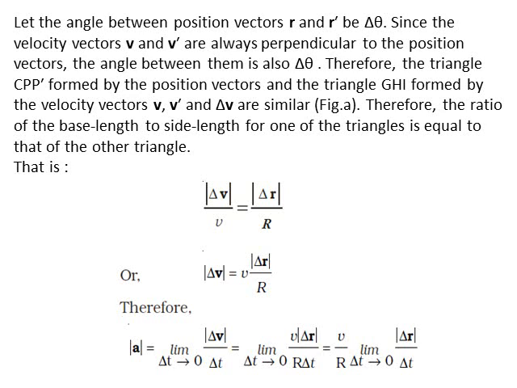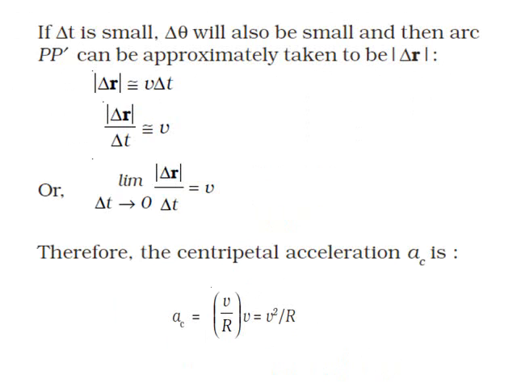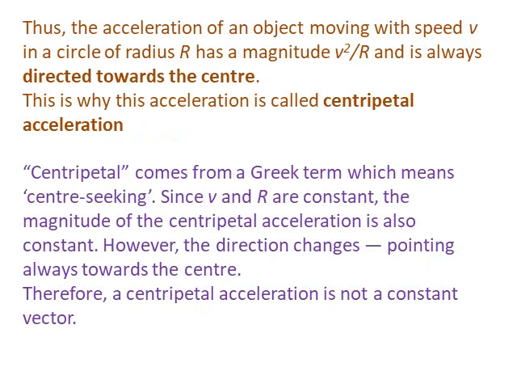But delta r by delta t is what? Velocity. So the acceleration will be V by r into V. So you got V square by r. And therefore the centripetal acceleration, denoted by a subscript c, a_c equals V square by r, where r is the radius of the circle and V is the velocity.